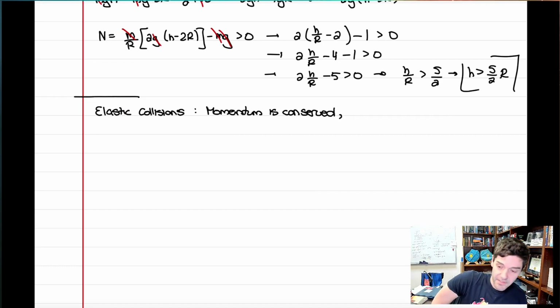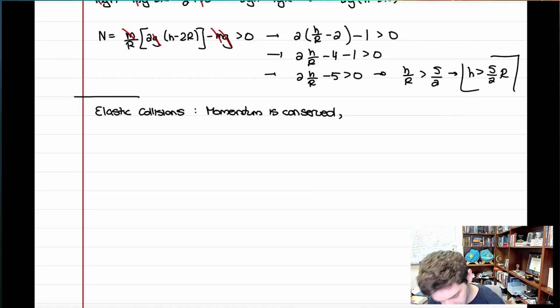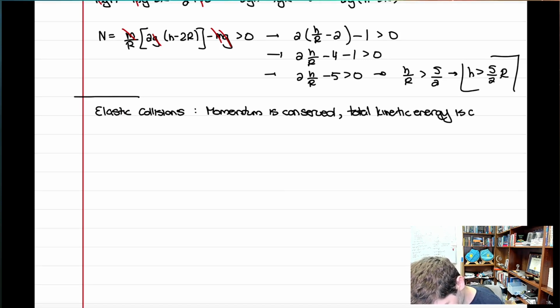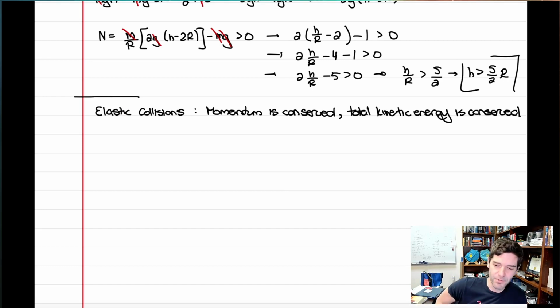But elastic collisions are ones where we further define that the total kinetic energy is conserved. And that is what we take as the definition of an elastic collision. Notice that's not a statement of energy conservation per se. It's just saying that there's no change in the total kinetic energy.